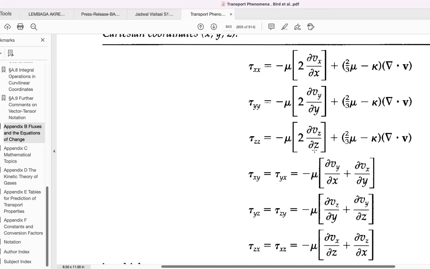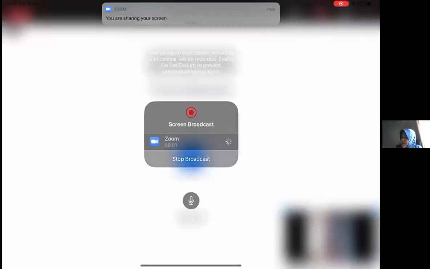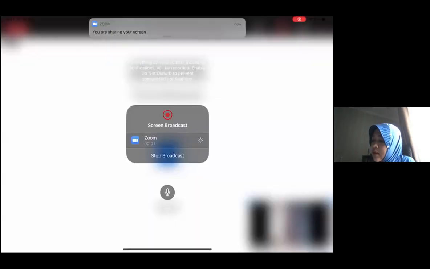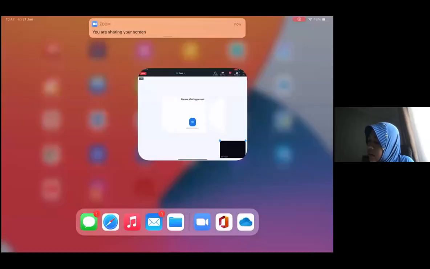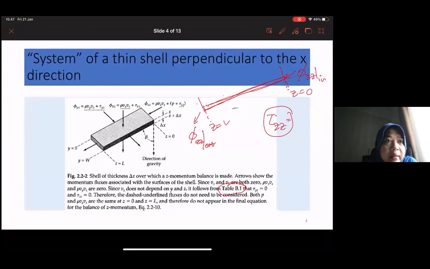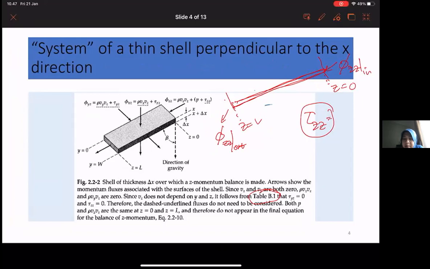Okay, let me stop sharing, and then let me write it again. Okay, so based on that one, let me write the formula again.